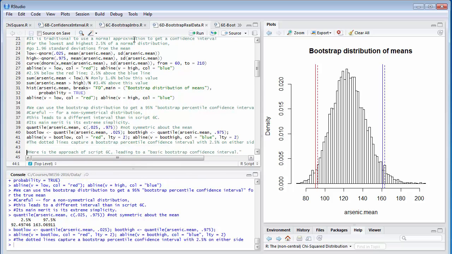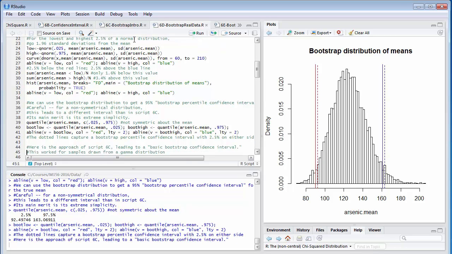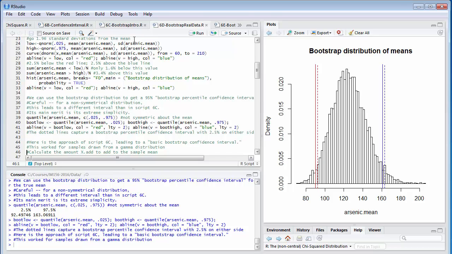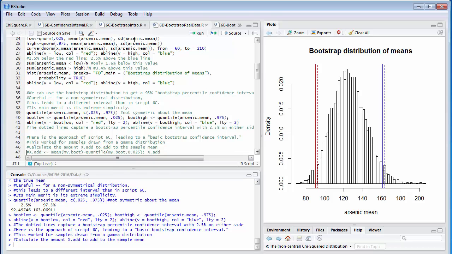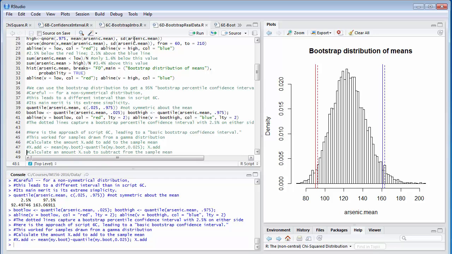Here's another way of doing this. This is the approach I used in the last script, using a basic bootstrap confidence interval, so-called. And in this case, when we tried this with a known population, when we knew we were drawing samples from a gamma distribution, it gave a pretty good confidence interval. So we're computing from the lower quantile how much to add on to the sample mean.